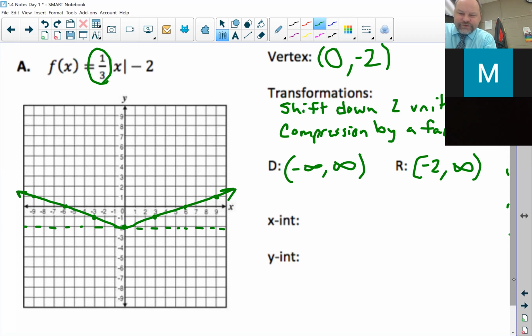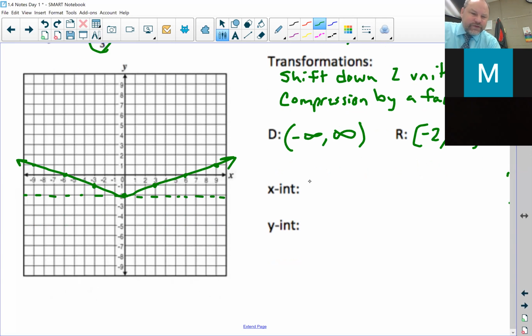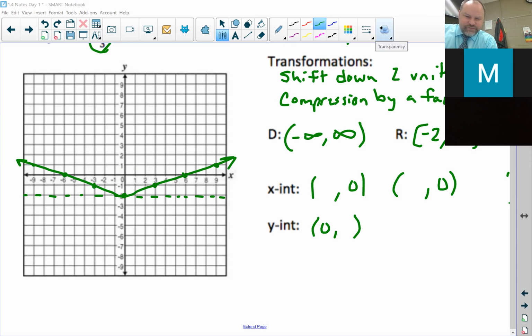All right, x-intercepts. In this case, we cross the x-axis twice. What are the x-intercepts? -6 and +6.